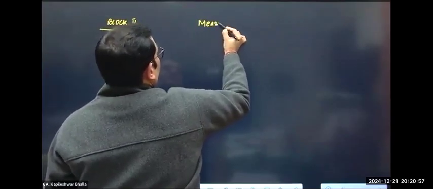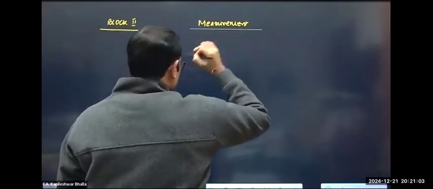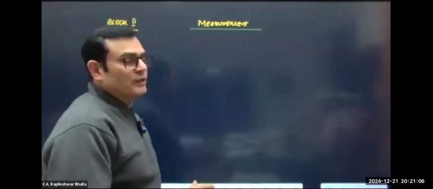So let's go to block number 2, that is the measurement aspect. When it comes to the measurement aspect, I said we're looking at two things: initial measurement and subsequent measurement. Let's see what measurement principles are given in IS 16 with reference to initial and subsequent measurement.